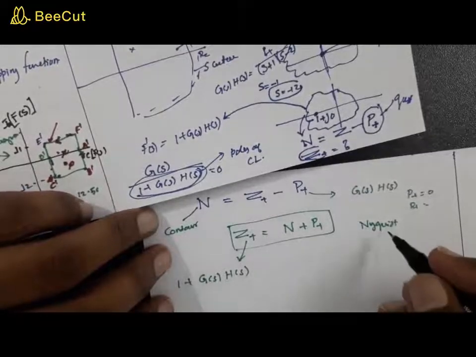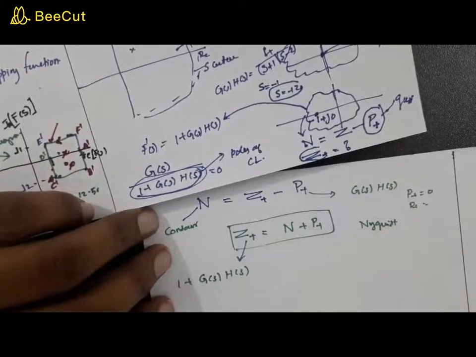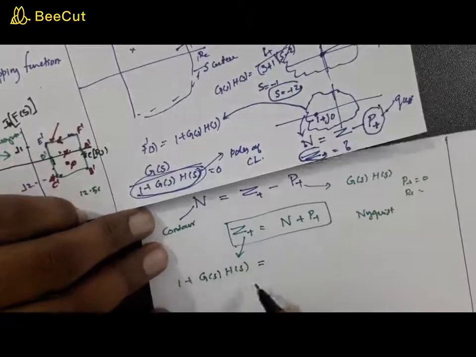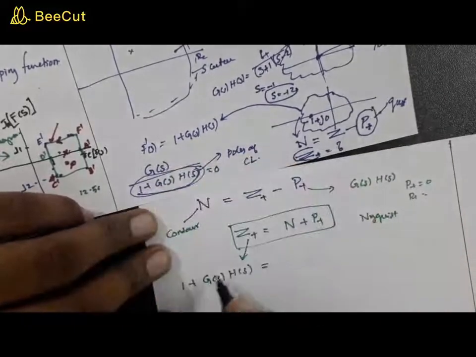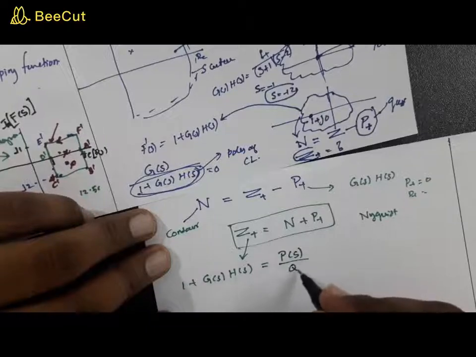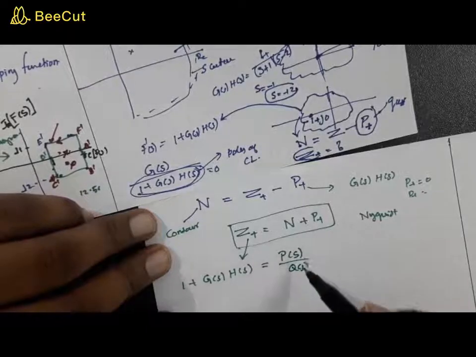Using this expression you will be finding out Z plus. Now I will tell you after making you understand what this Z plus is. Now what is basically this Z plus? This is the denominator of the transfer function. Now this is again a function which can be represented as P of S over Q of S, right? So that itself can be considered as a function, P of S equal to 0.